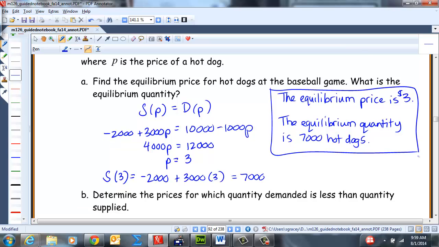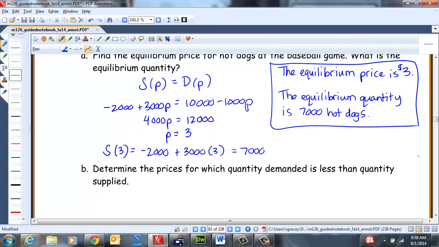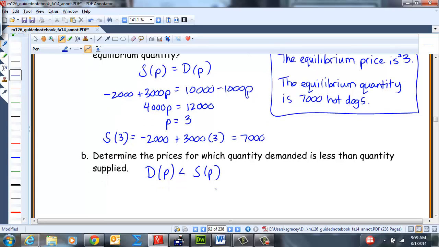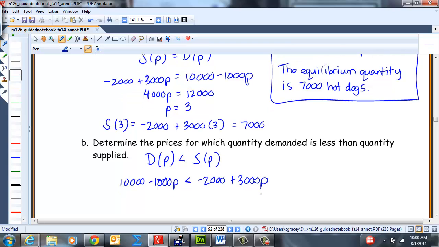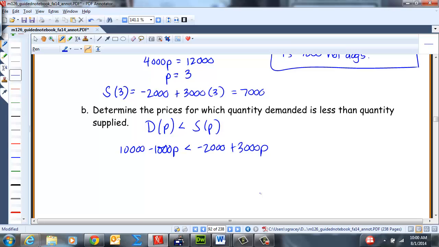Okay, determine the prices for which quantity demanded is less than quantity supplied. So we would solve this inequality. Quantity demanded is less than quantity supplied. So now we switch them around. So this would be 10,000 minus 1,000 times P is less than negative 2,000 plus 3,000 times P. And if, let's see, I'll just keep the P on the left side.